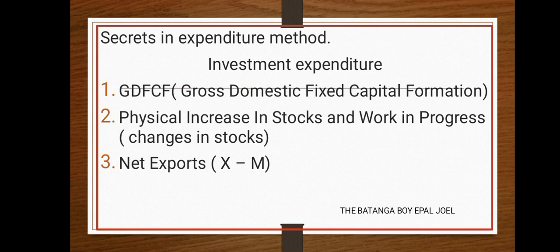One of the first secrets is getting the value of investment expenditure. The value of investment expenditure, it must be net investment. So to get the value, what we do is this investment always has two things that you must attach to it, and these two properties are always given in your data.